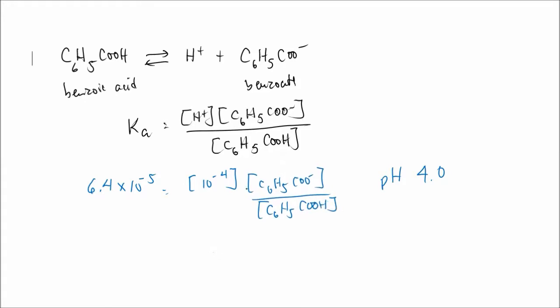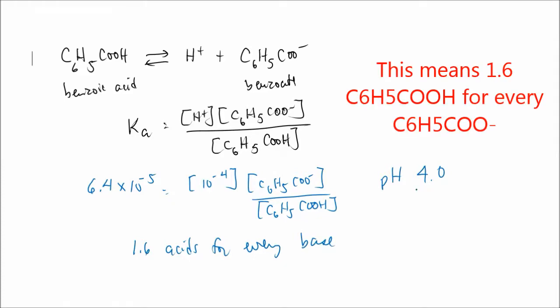So try to verify that at this pH, pH 4, there are 1.6 acids for every base. So I suggested in the previous that the majority would be in the acid state at the low pH, the salsa, and you can mathematically verify this.